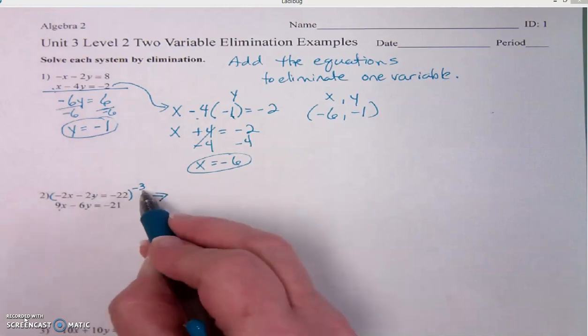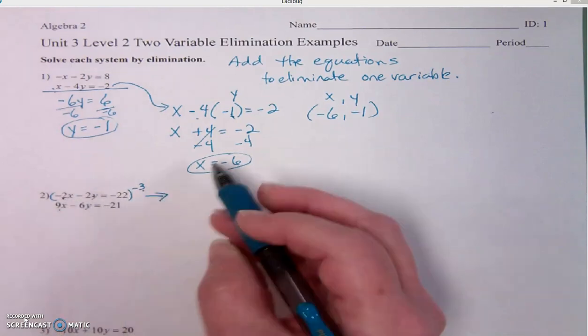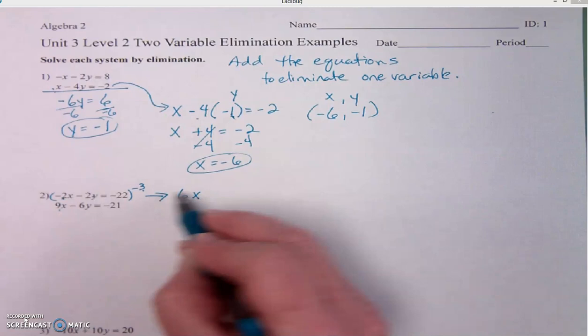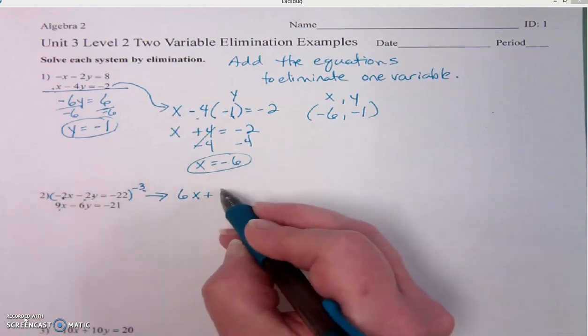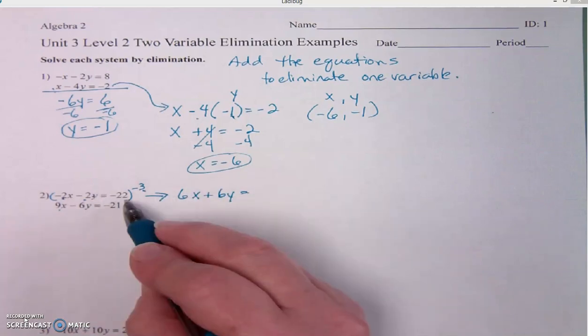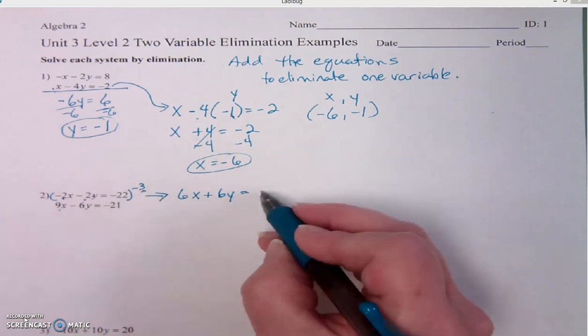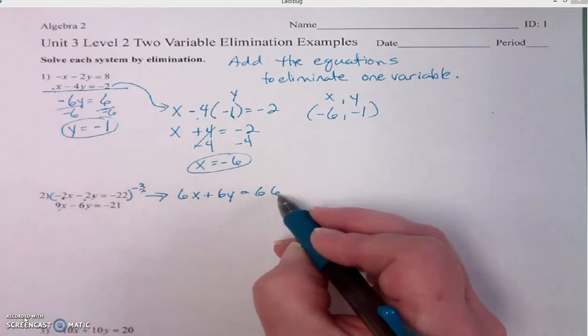When I do that, negative 3 times a negative 2x is a positive 6x. Negative 3 times a negative 2y is a positive 6y. And then negative 22 times a negative 3 is going to be a positive 66.